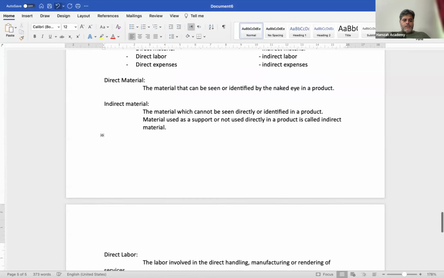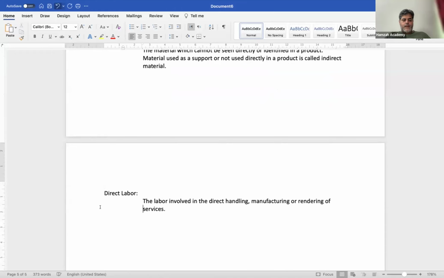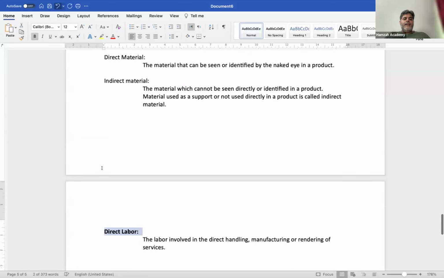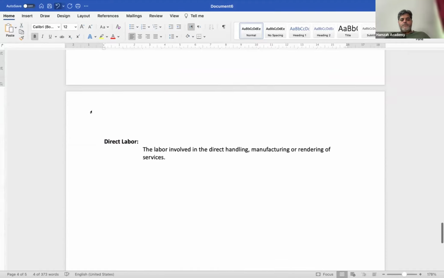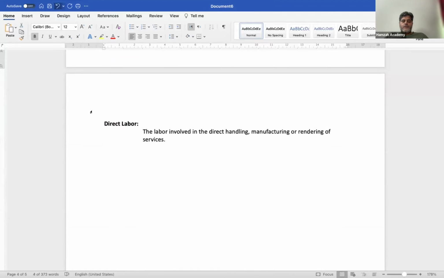This is what we call direct labor: the labor which is directly involved in the production process, or which is directly manufacturing or handling the product or the services.